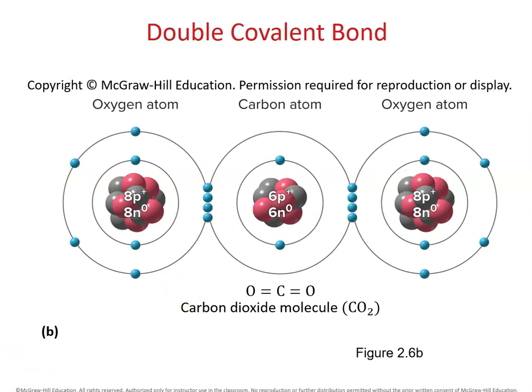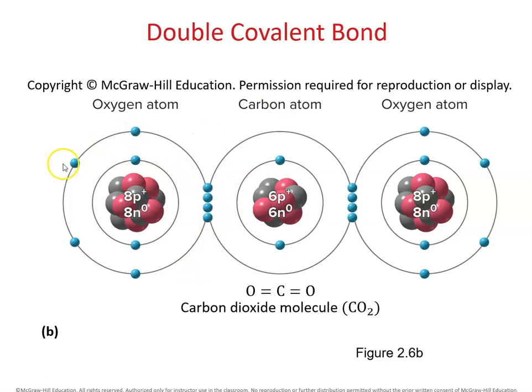We can also have double covalent bonds. Carbon dioxide makes up a significant portion of our atmosphere. It's what you breathe out as a byproduct of respiration, and it involves 2 double covalent bonds. So we have our oxygen over here.